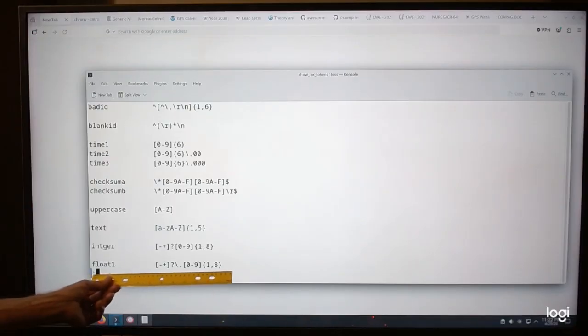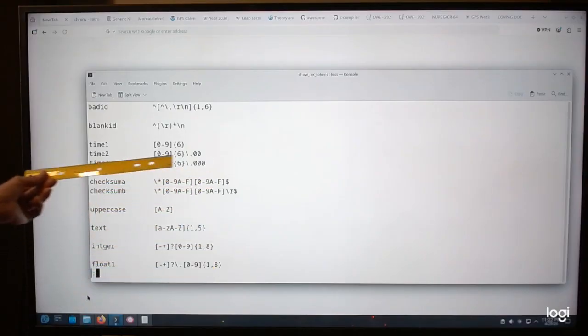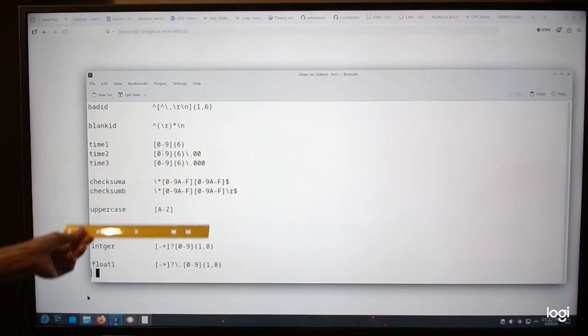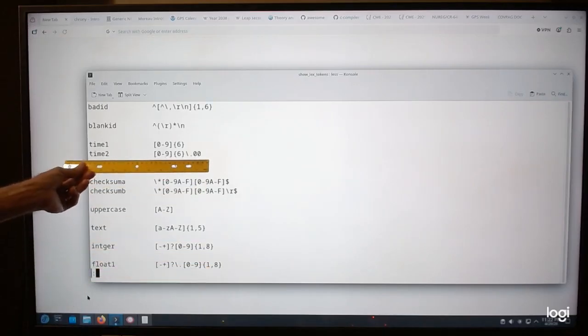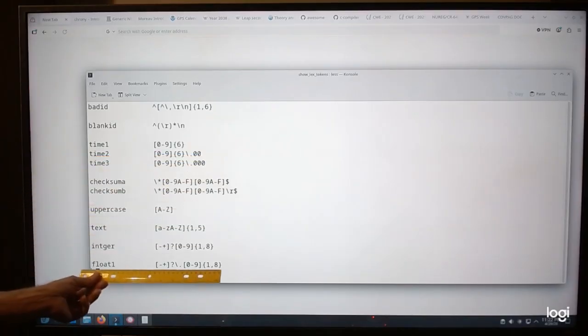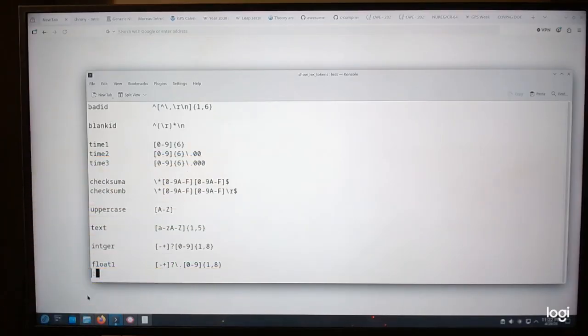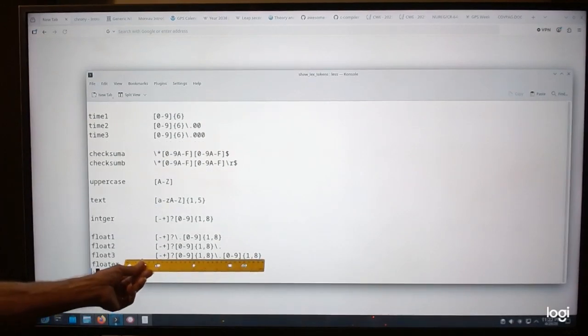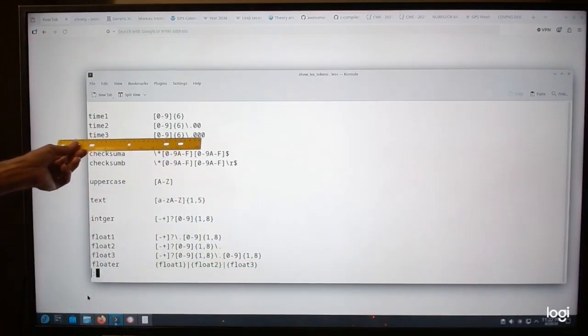Same thing with a floating point. I've got a floating point here for time 2. If I had a floating point number that could match either time 2 or a floating point, time 2 would win.